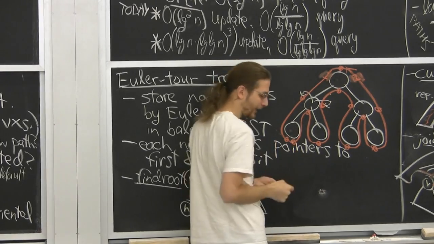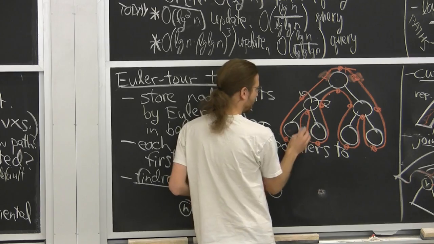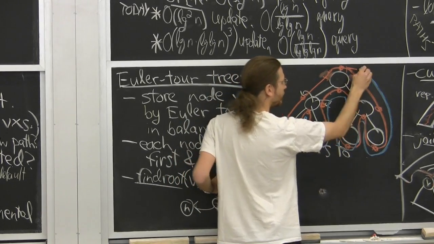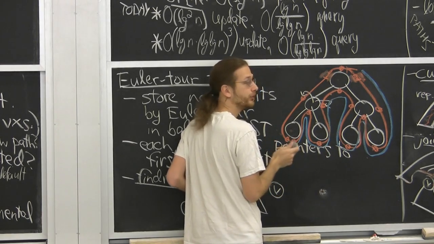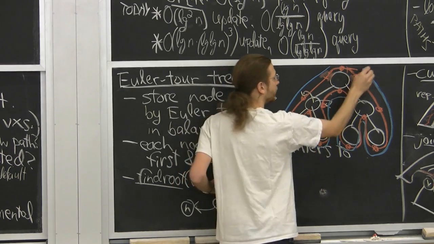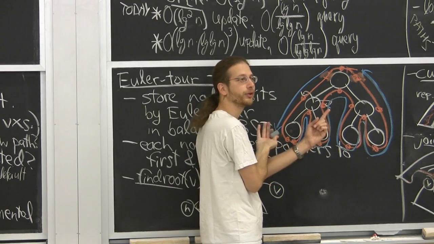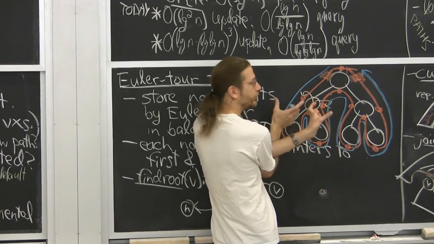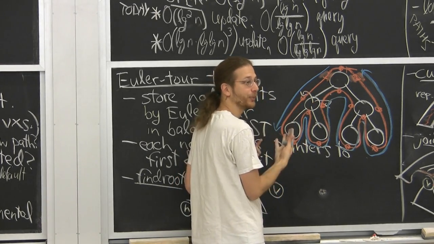So if you look at what that requires, I want this part. That's an interval of the old sequence. And then I want this part. So there's two pieces of the old tree, and I just want to change their order. Right? It's a cyclic shift. A cyclic shift is just a cut and then a rejoin the other way. So I can reroute a tree in log n time as well.